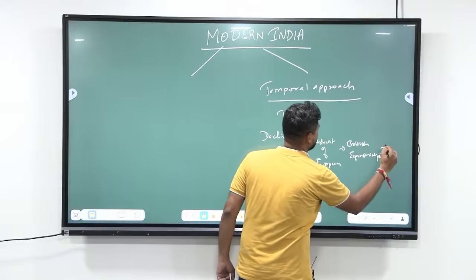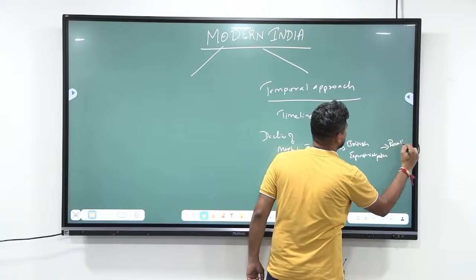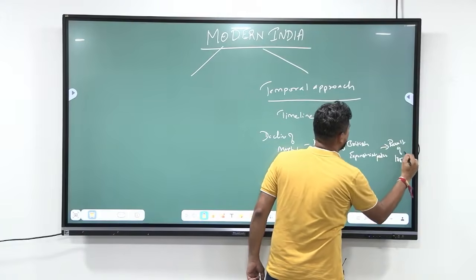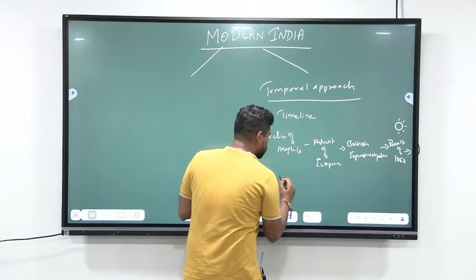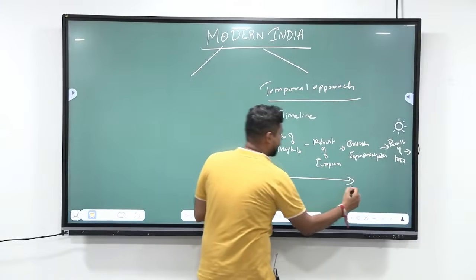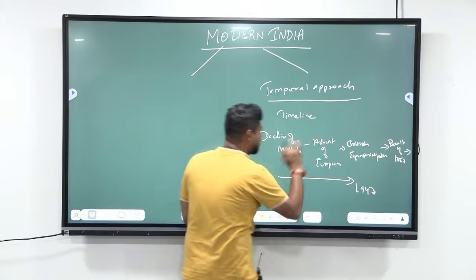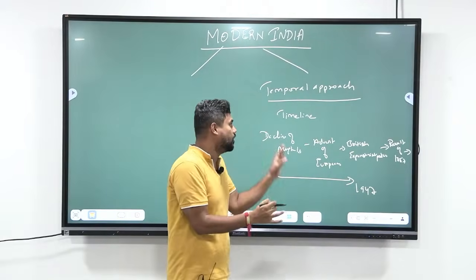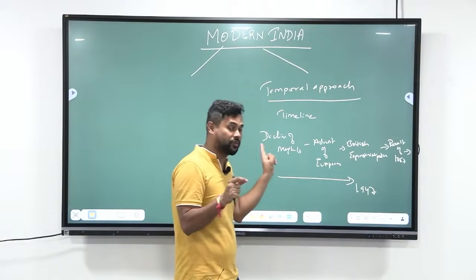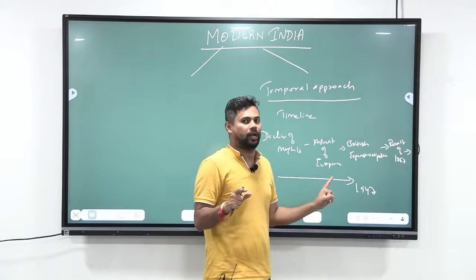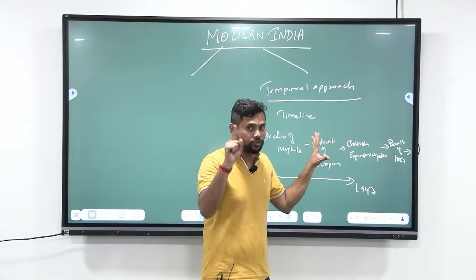From there you go to the revolt of 1857, and from the revolt of 1857 up to 1947, everyone will know the timeline. You should have very good clarity about the sequence of events that happened in the timeline. So this is one approach to study modern India.